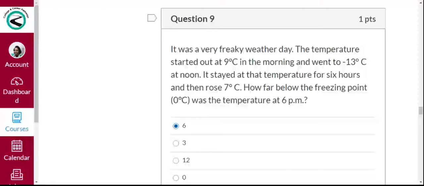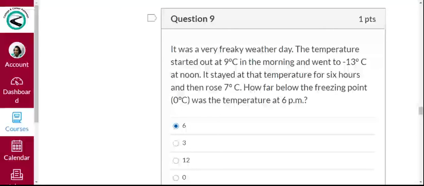So let's start out at 9 degrees Celsius, which is positive. So you're positive 9 degrees. And then you went to negative 13 degrees. So if you were on a thermometer, the difference between 9 and negative 13 is going to be, let's see, 9 is 12, 22. That difference is going to be 22.